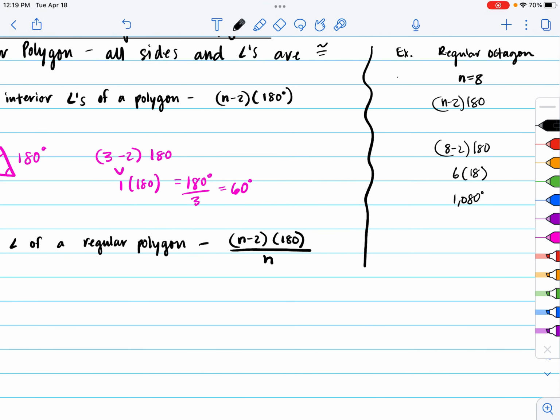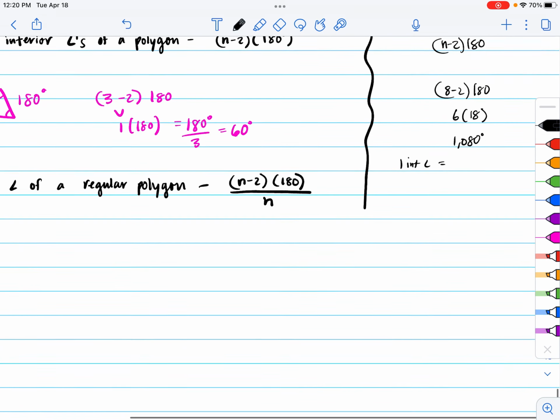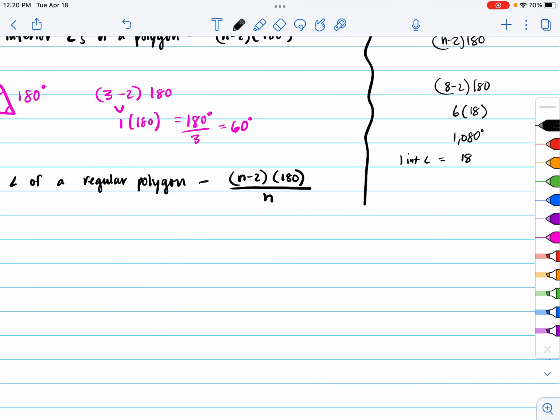So that's how many total degrees are on the inside. But what if we wanted to find one interior angle? We would take the 1,080 and divide that by 8 sides, and we get that one interior angle is equal to 135 degrees.